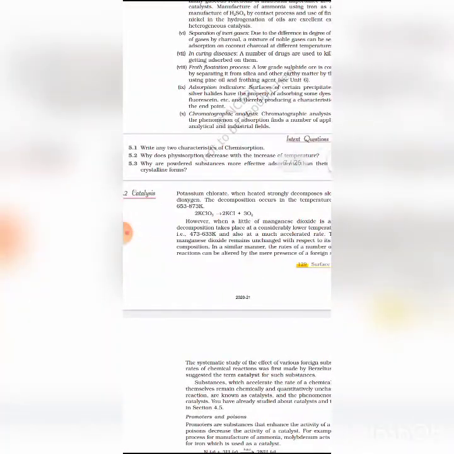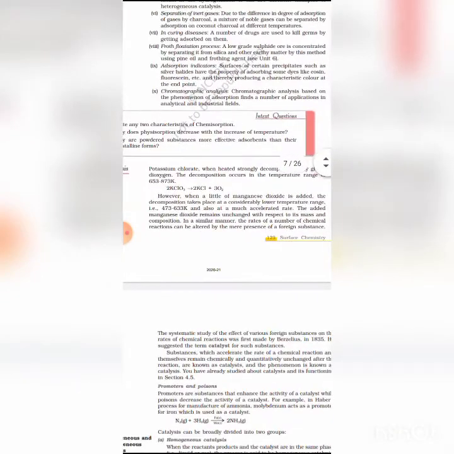Now we discuss catalyst. Student, a catalyst is a substance which influences the speed of a chemical reaction without itself undergoing any chemical change at the end of the reaction, and this phenomenon is known as catalysis.